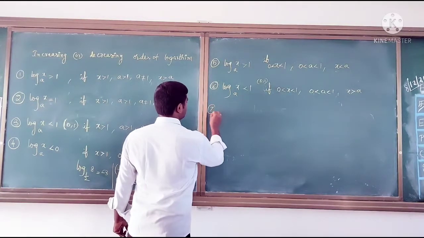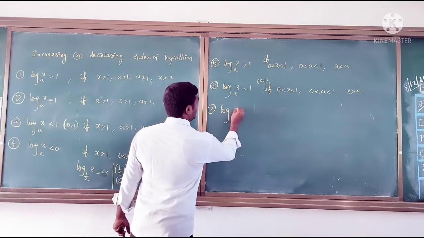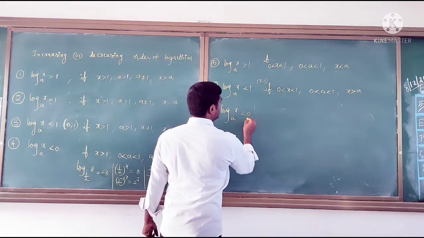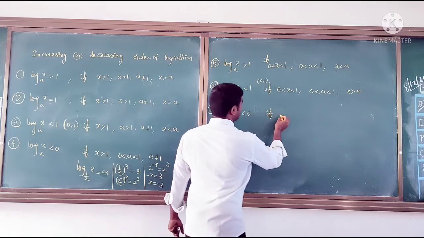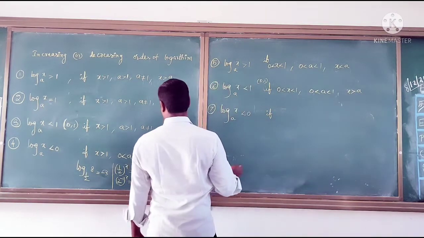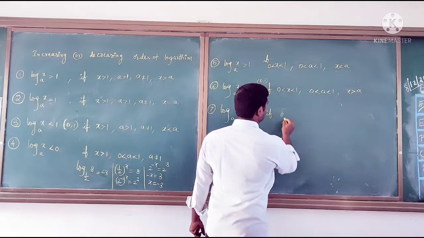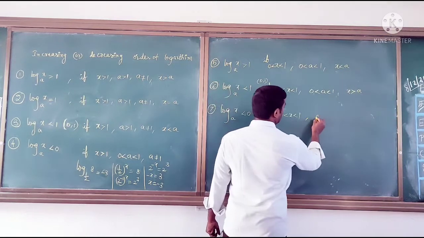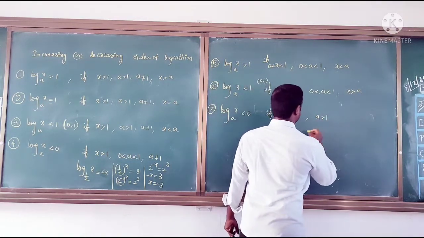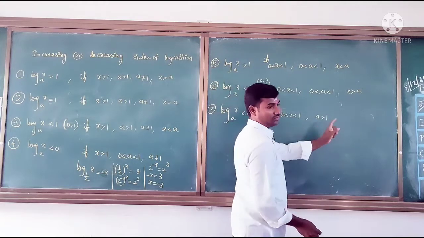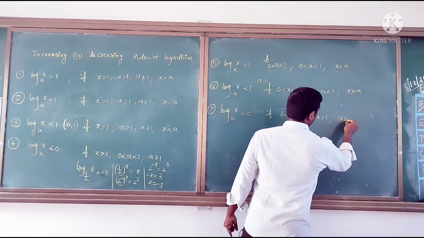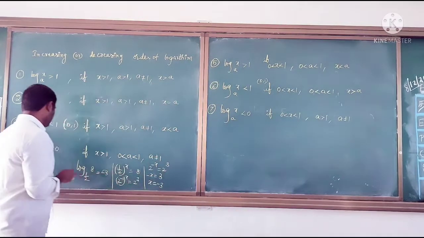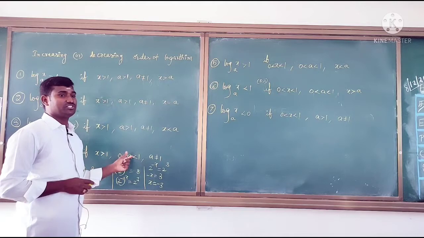Seventh condition, negative case. Log x to the base a is less than 0 if x lies between 0 and 1 and a is greater than 1. Here a is not equal to 1. So if x value lies between 0 and 1, in this case a value lies between 0 and 1.